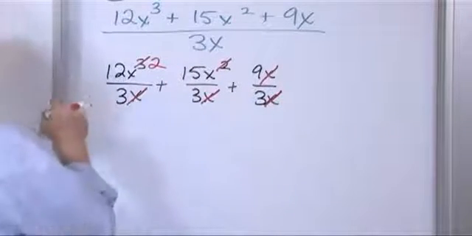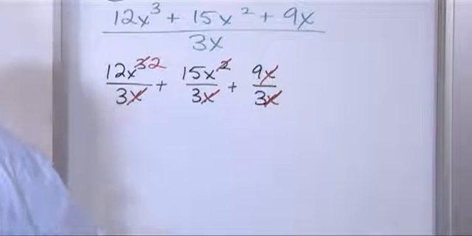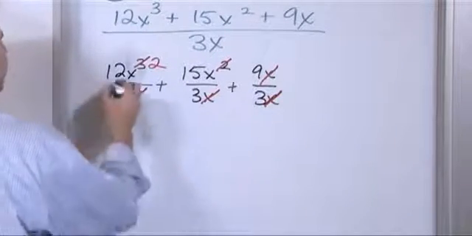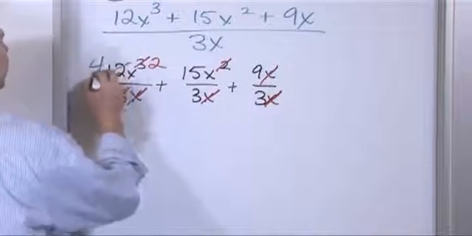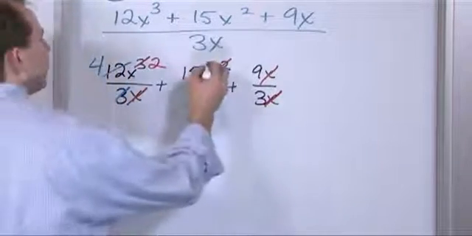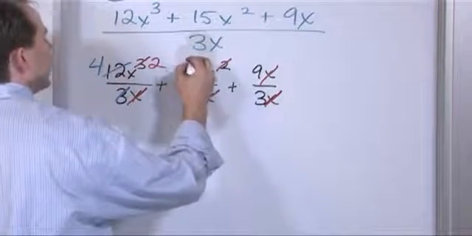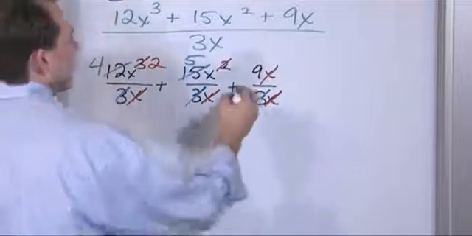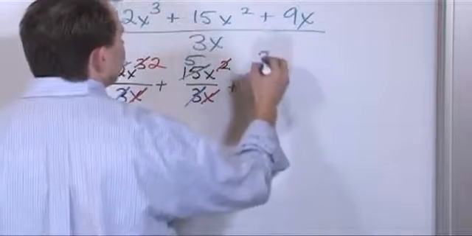Now when I work on this guy, let me change colors, make it a little bit clearer. I'm going to divide this by 3, it's going to make him go away. I'm going to divide this by 3, it's going to give me 4. I'm going to divide this by 3, it's going to make him go away. Divide this by 3, it's going to make this guy 5. I'm going to divide this by 3, it's going to make him go away. Divide this by 3, it's going to make him 3.